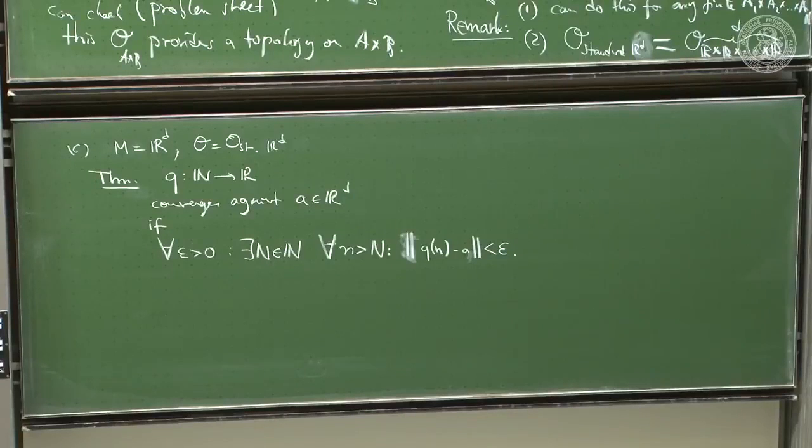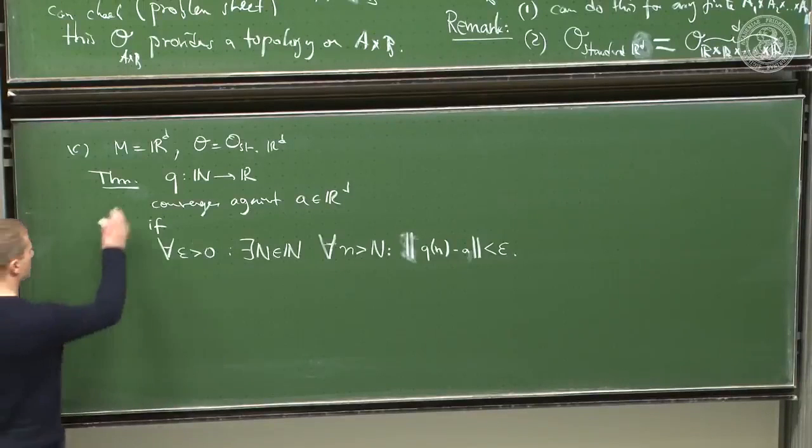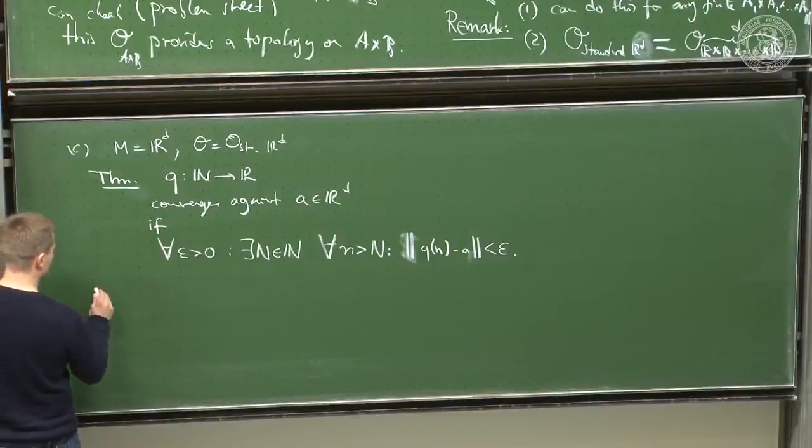Everything that's convergent here would be convergent in any other topology. But in other topologies that are not that fine, where you choose not as many subsets, there will be sequences that converge in the other topology that do not converge here, because you see, for instance, in this topology I'm writing down here in R^d, you could have a sequence.